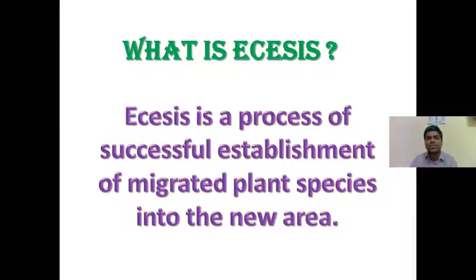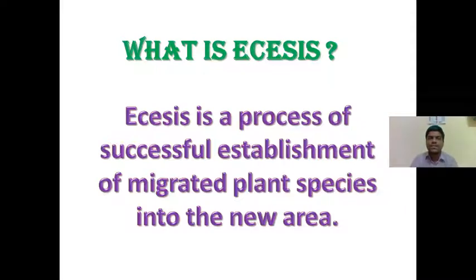And this process of successful establishment of a migrated plant species into a new area is called Ecesis, because Nainital is the common local area for that plant, but Maharashtra, Lanza, is a totally new area. Hence, this is called Ecesis.